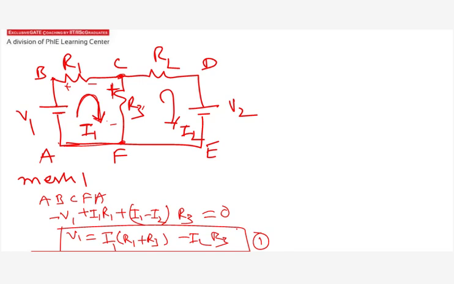So here, what happens? This current is like this, right? So this current will be I2 minus I1, I2 minus I1 into R3.